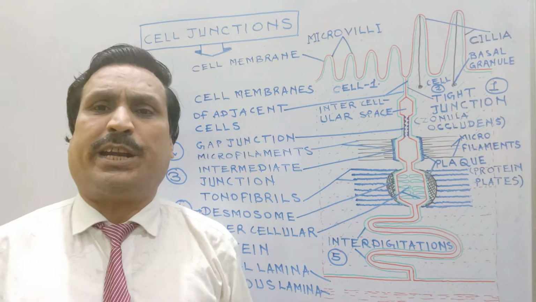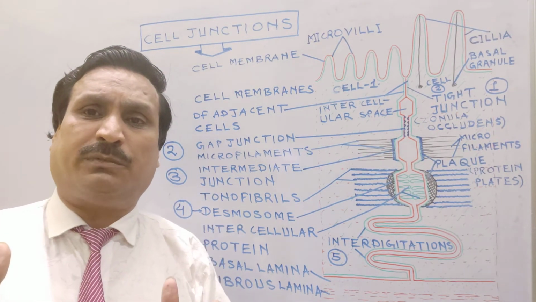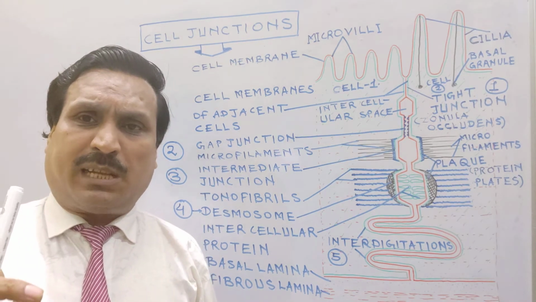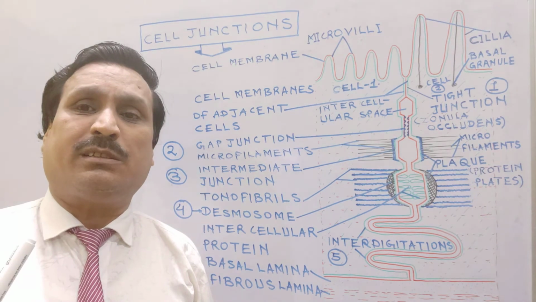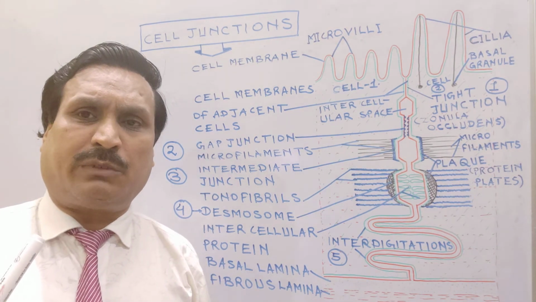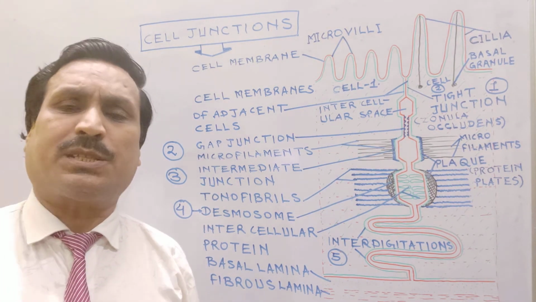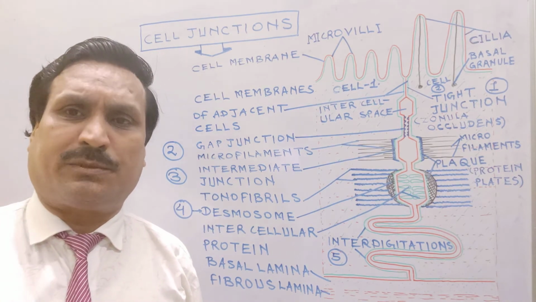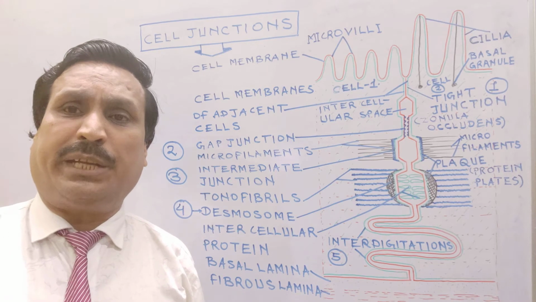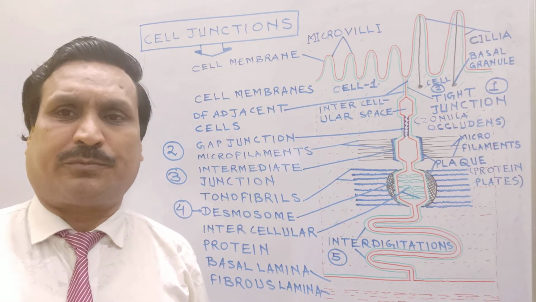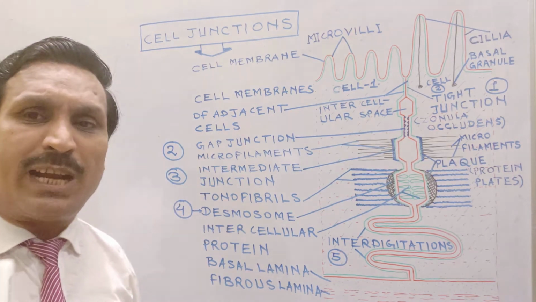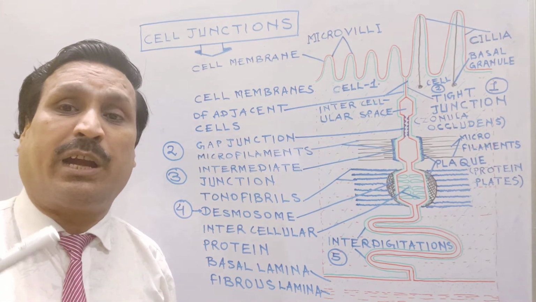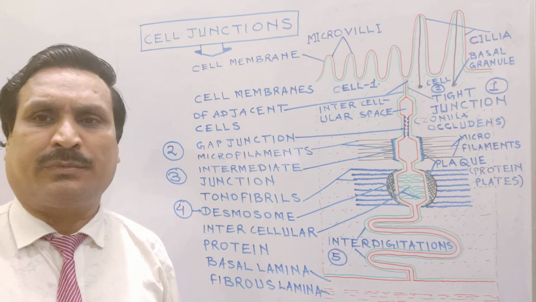Let us understand what is the significance of these gap junctions. Cardiac muscle cells interchange electrovalent particles between the adjacent cells through intercalated discs in order to transmit the wave of contraction of cardiac muscles.